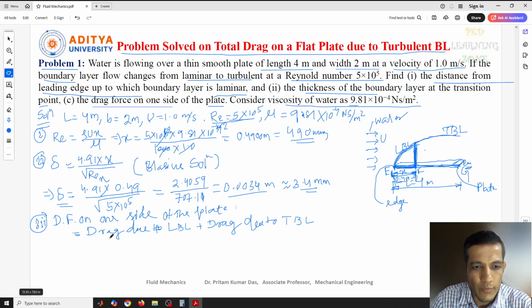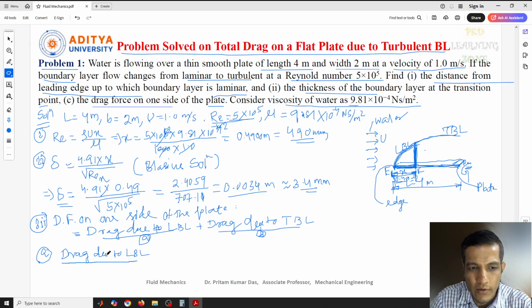Suppose this part is the A part and this is the B part. Let's solve this in two terms. First, the A point: the drag due to laminar boundary layer, from E to F point.